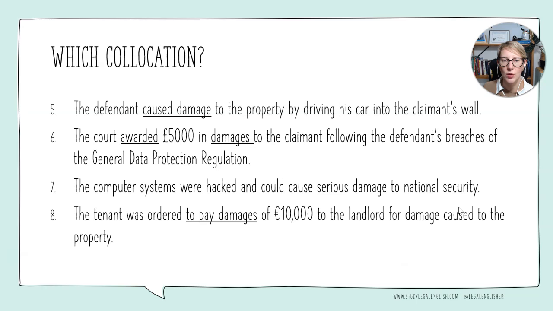Number 6, the court awarded £5,000 in damages to the claimant following the defendant's breaches of the General Data Protection Regulation. Number 7, the computer systems were hacked and could cause serious damage to national security.